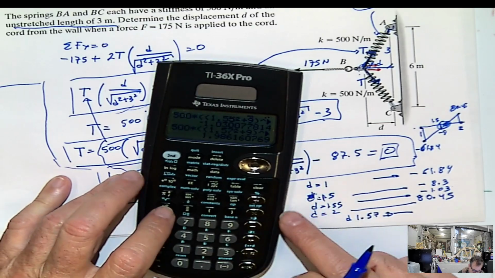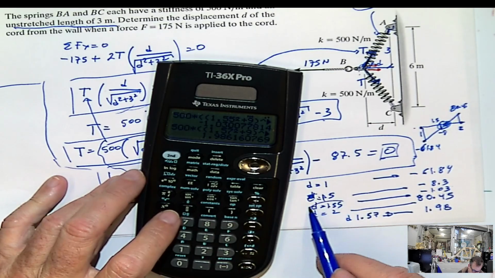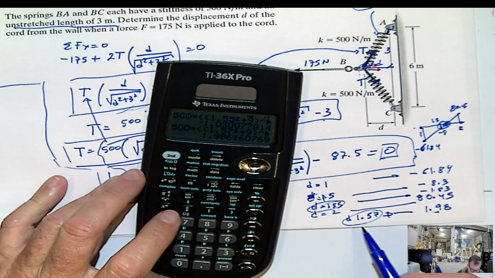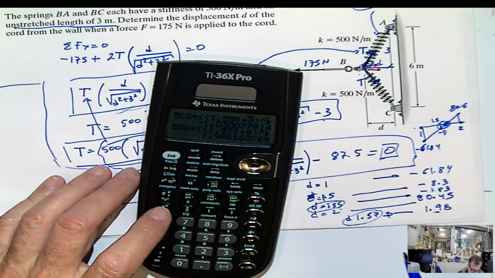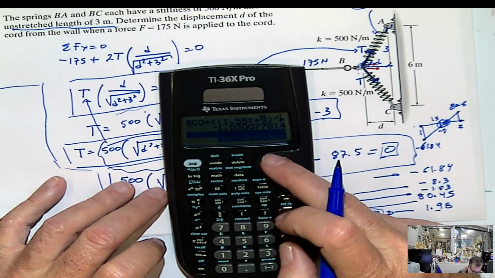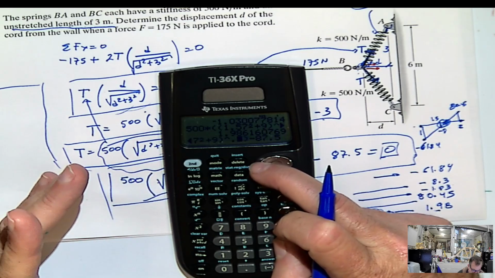Hit enter, and then we get 1.98. Now look what happened. Our value is between 1.55 negative and 1.57 positive. So we can try with 1.56 or just say it, but I'm going to try with 1.56 because it doesn't take too much time.